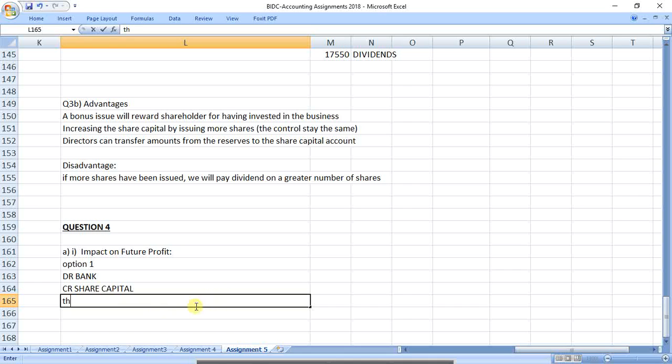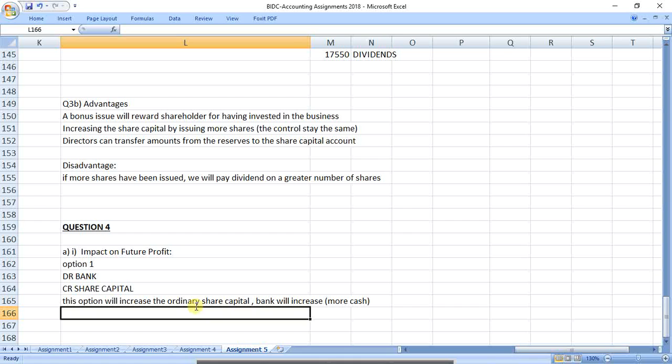So this option will increase the ordinary share capital, and bank will increase (more cash).